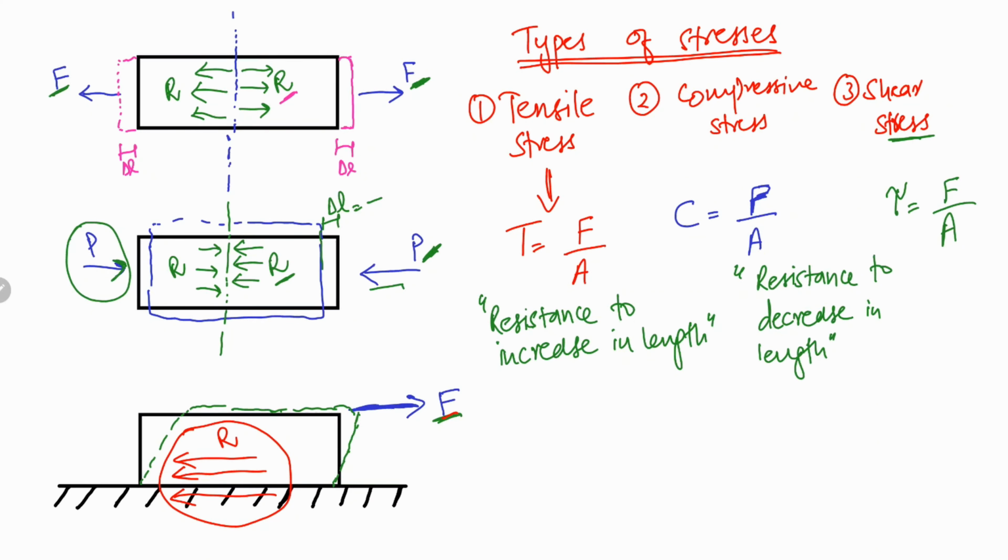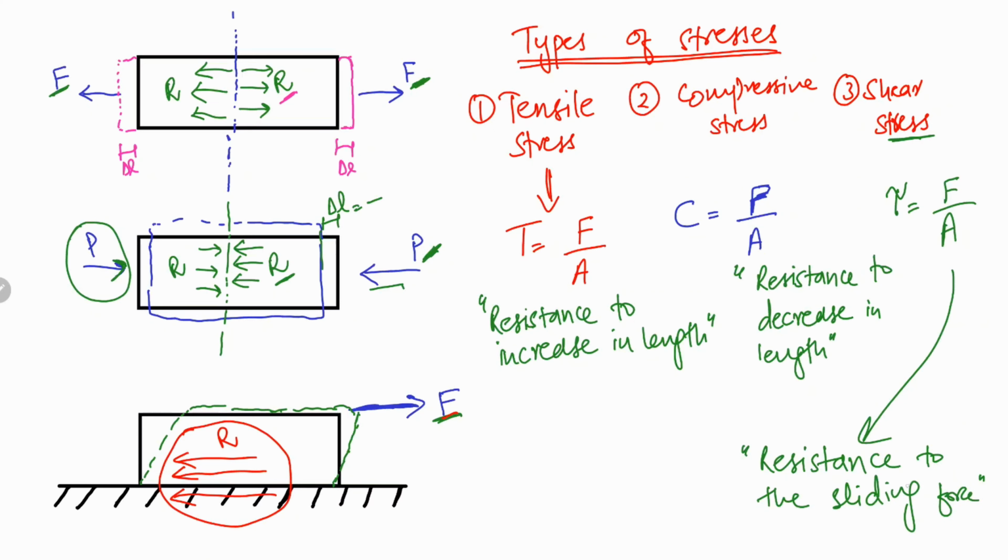So if I define it, I will define it like in this way. So this is the shear stress, resistance created or produced to the sliding of the object. The resistance created to the sliding force will be known as the shear stresses, because the load tried to slide this object, but there will be some internal resistance created in this surface of the object, and this internal resistance to the sliding force will be known as the shear stresses.